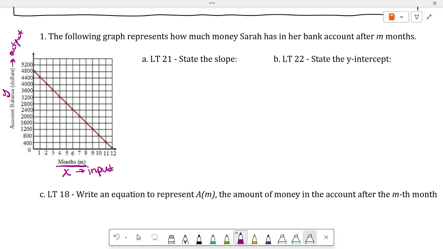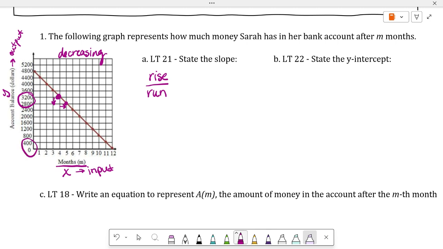All right, some things to notice is that this line is decreasing. So we're going to have a negative slope. All right. Part A, for part of our learning target from yesterday and the day before, is to state the slope. And when we've got a graph, we're going to do our slope as rise over run. And we're going to pick 2 points. And we see that it's going down 1 block and over 1 block. But when we're looking at the scale here, we're not talking about going down $1.